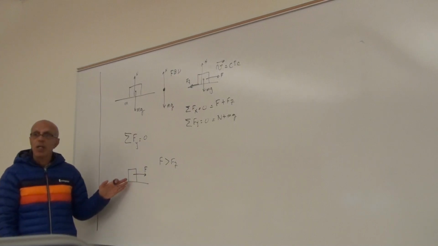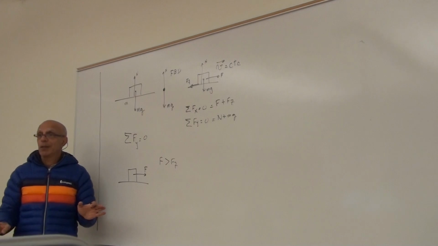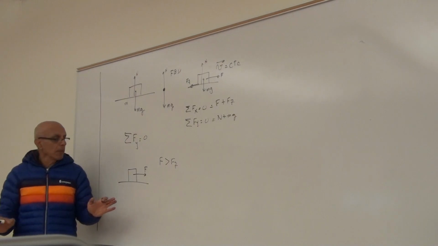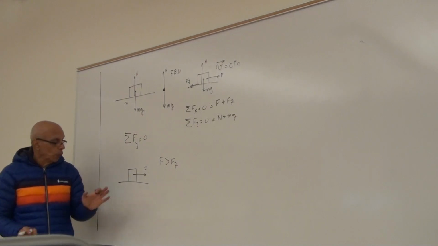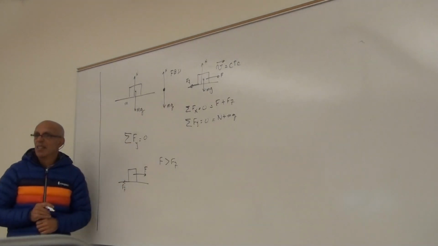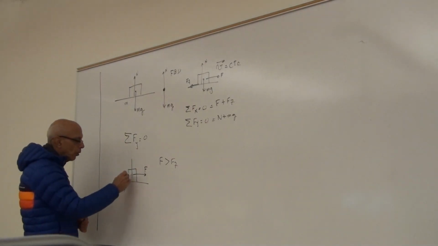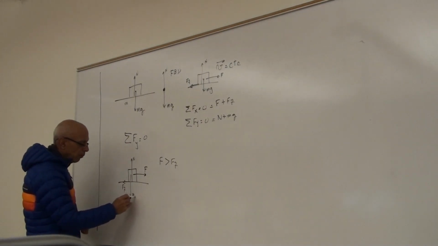So that means, for sure, it's not at rest anymore, right? I still have my friction, F of f, and then I also have the normal force, and then the weight, mg, right?